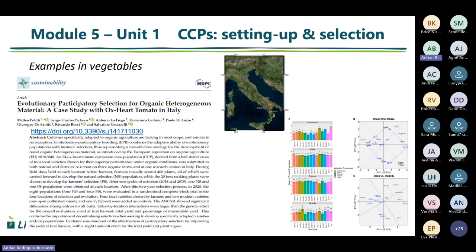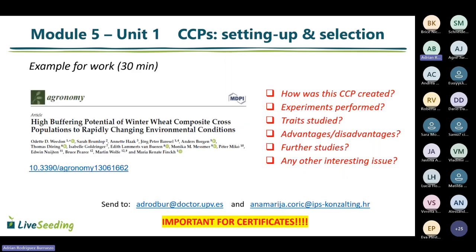So this is very interesting, and it's an example showing that composite cross populations are also useful in vegetables. Okay, so this is the general view about the composite cross populations.